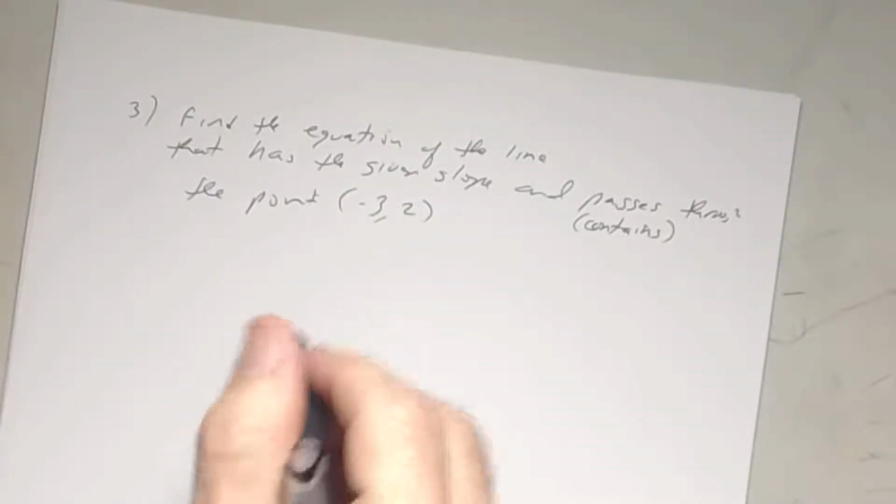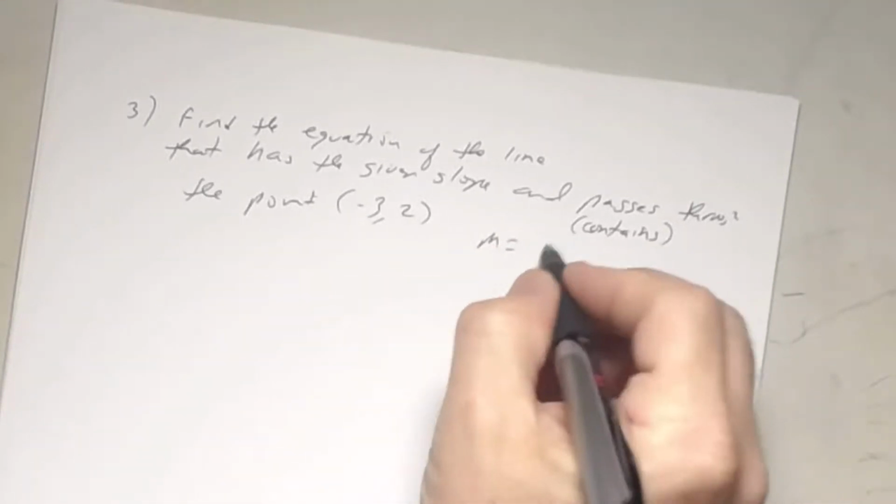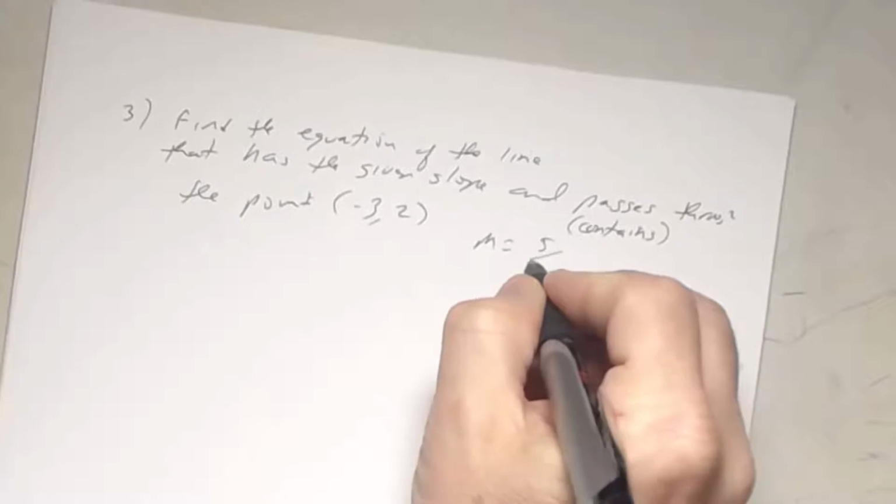All right, and the slope is, let's say, 5/7. That's your slope. So you're going to find the equation of a line that passes through that point and has that slope, okay?